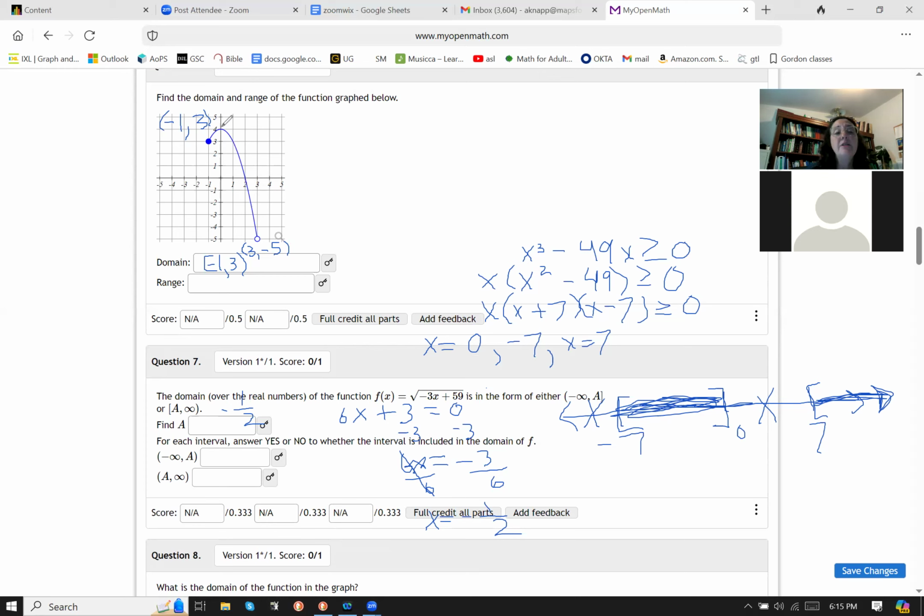And the highest Y value we can see here, it goes up to 4. So we're going to go from -5 with a parenthesis because it's not touching the -5, all the way up to 4. It is touching the 4, so we put a bracket there.